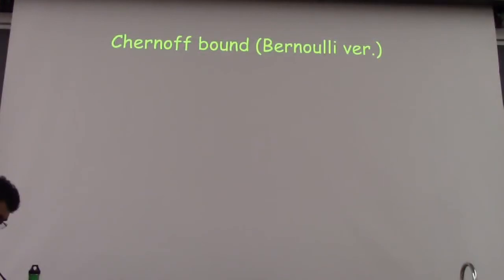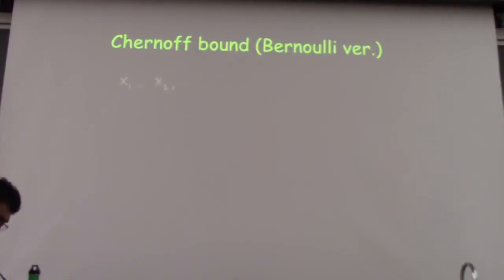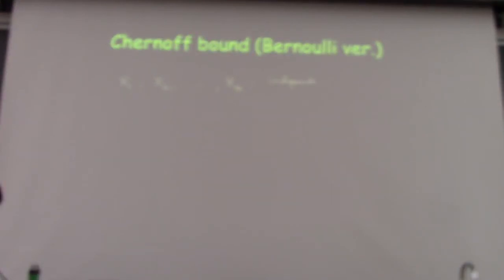So I'll show that in a bit. Formally the question you have is, you have x1, x2 to xn. These are, let's say, independent. Think of it as coin tosses. Coin tosses are also called Bernoulli random variables.